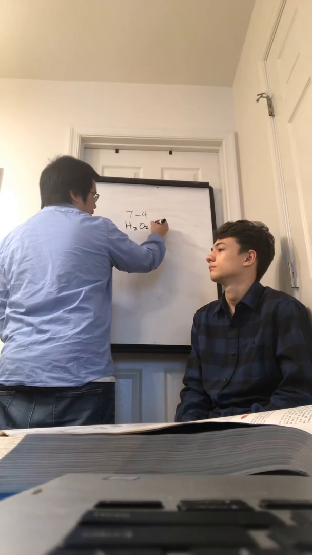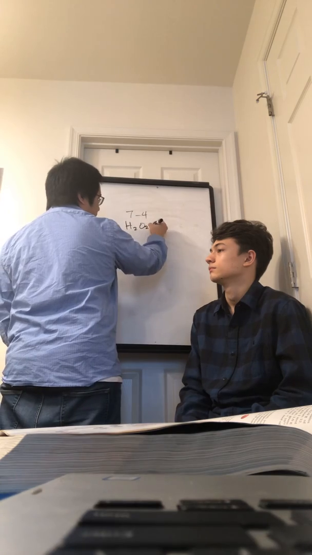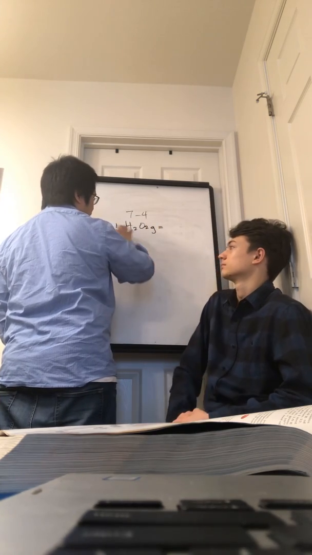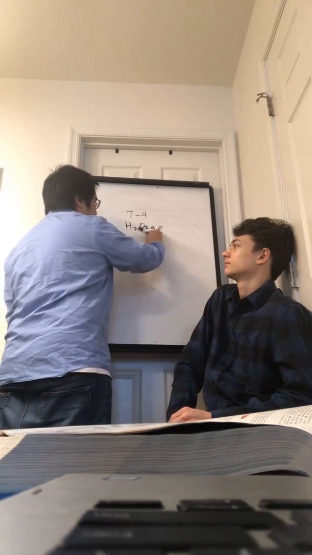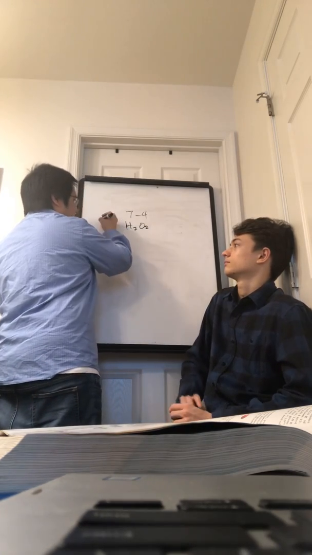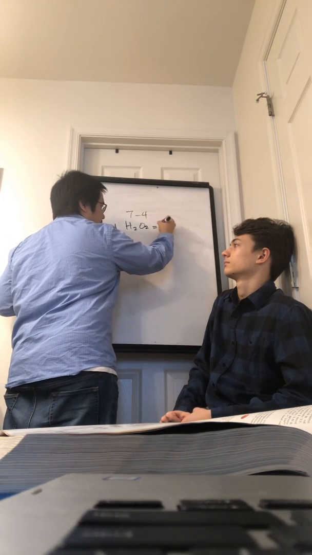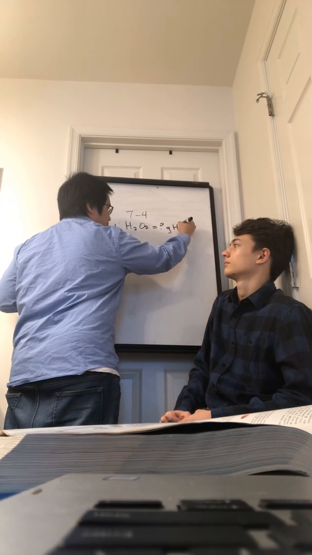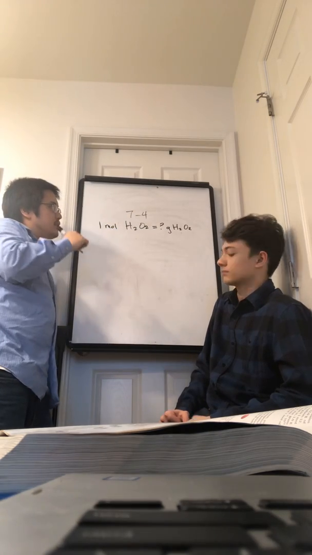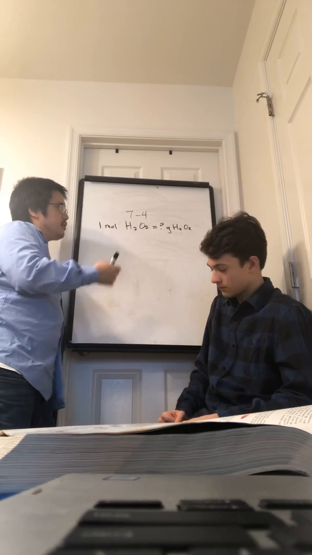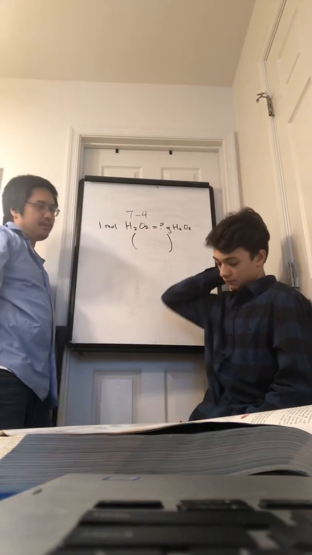So 1 mole of H2O2 is equal to how many grams of H2O2? Because after that, we'll be able to use this in a conversion where we'll make a cool fraction from this math fact.